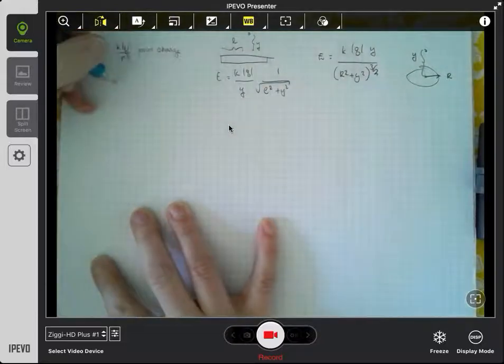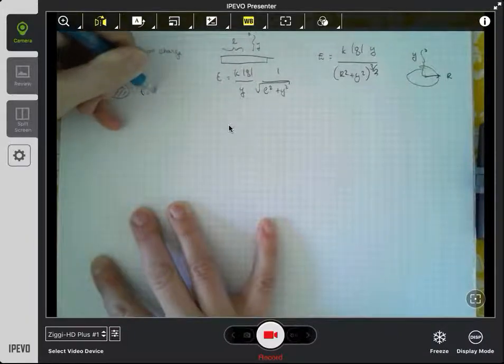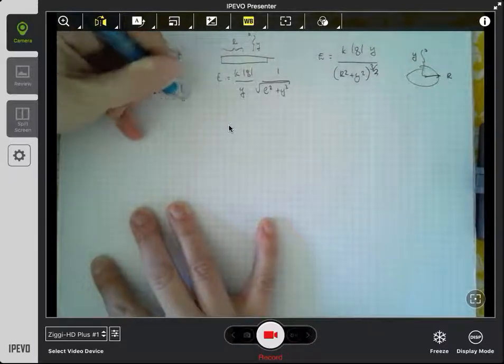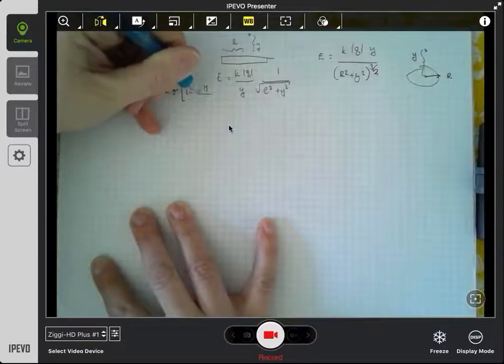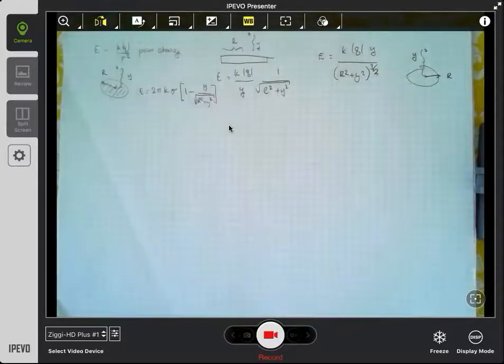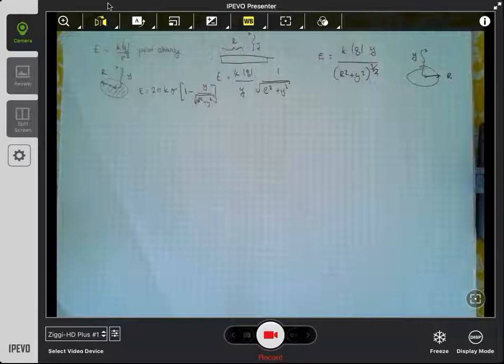And then we've got a disk of charge, so a solid disk of charge at some distance y and some radius R. E equals 2 pi k sigma times (1 minus y over the square root of R squared plus y squared), like that. Okay. So you guys do not need to memorize those. I'm just going to give you a sheet of paper with all 4 of those on there and the explanation of which ones are which.